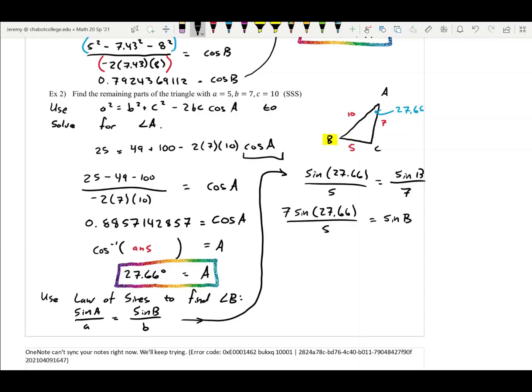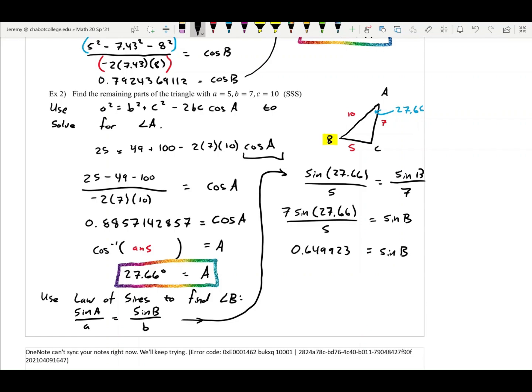Okay, so I'll type that left side of the equation into my calculator, and what I get from that is about 0.649923 and a couple other decimals. But I'm not going to round that off.